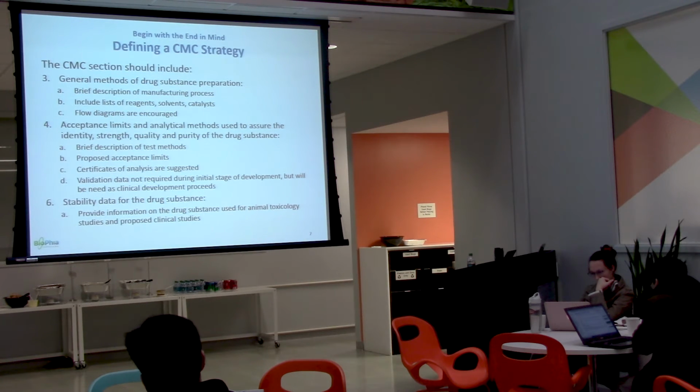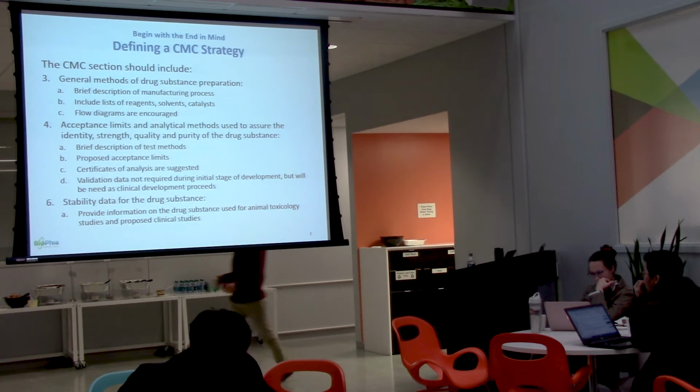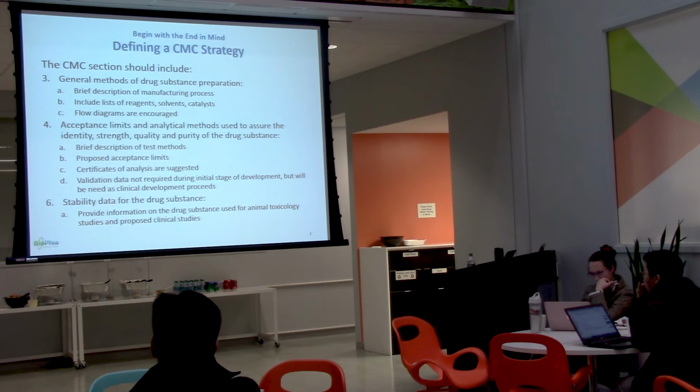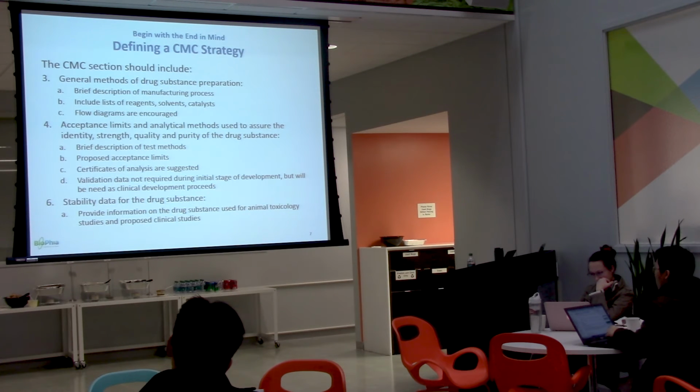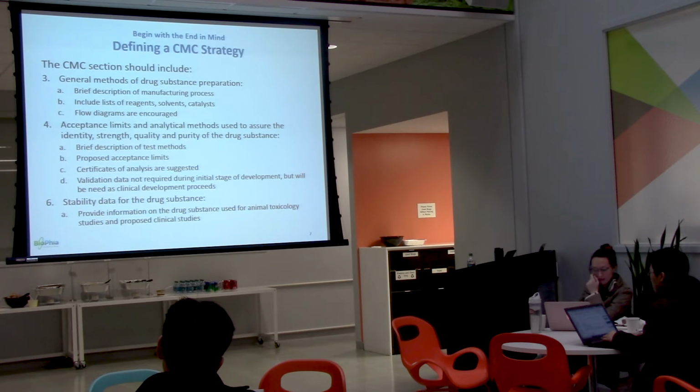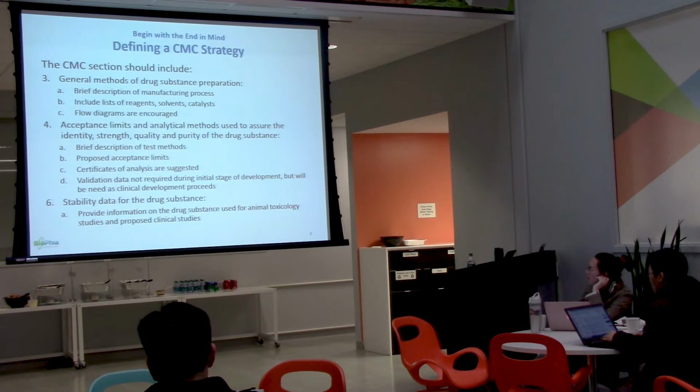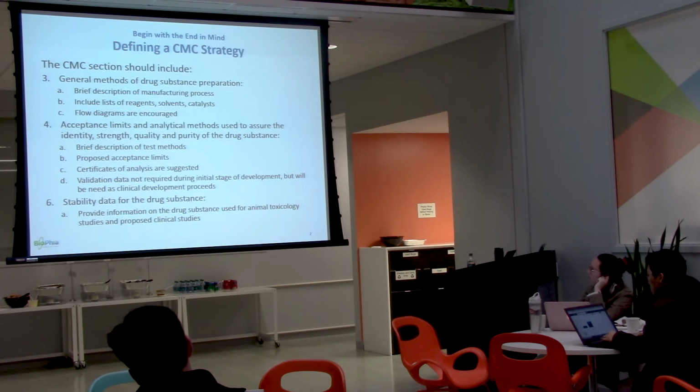If you're getting this done by a third party, certificates of analysis are great to have. So they're highly suggested. Validation data is not required during some of the initial stages, but will be required as the clinical development process proceeds. So assays need to be validated. You could do it as early as you can, but it's not required for everything at that initial stage.